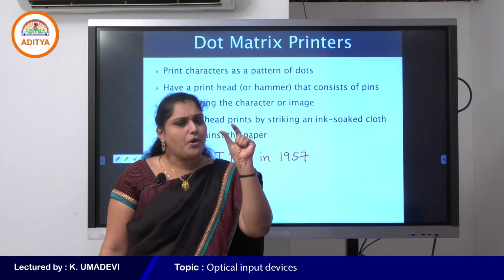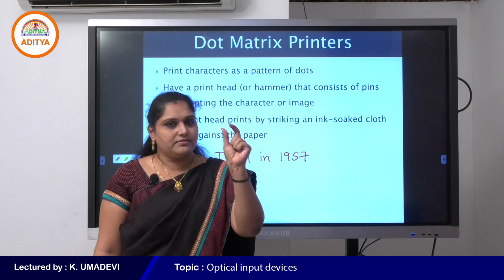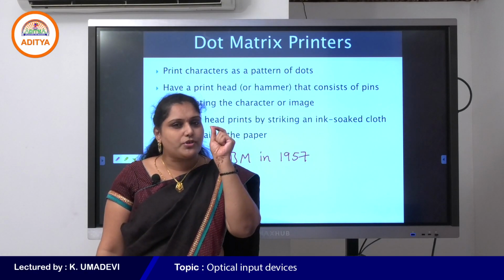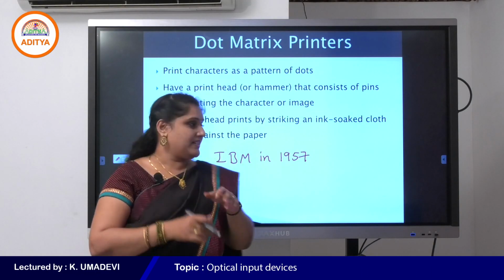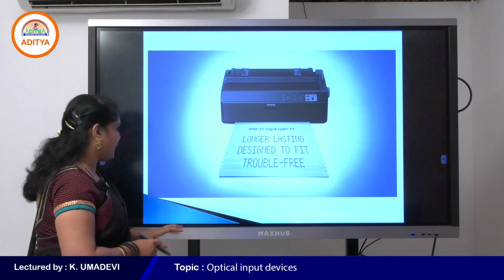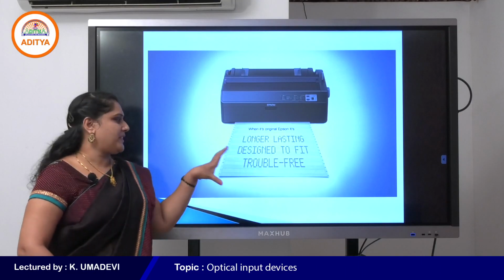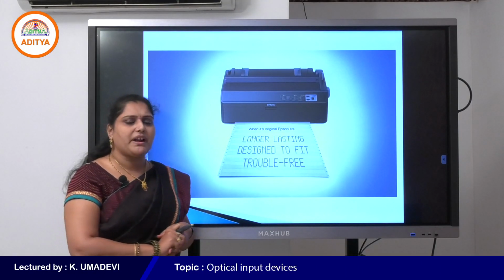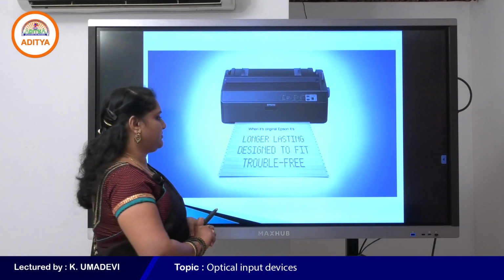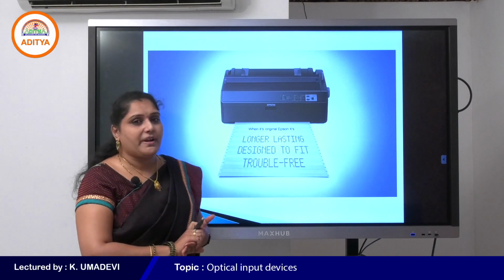The term dot matrix refers to the use of dots to form an image. See, this is an example of dot matrix. Observe this picture, students. Why is this called dot matrix?